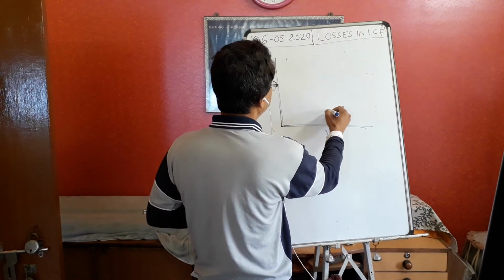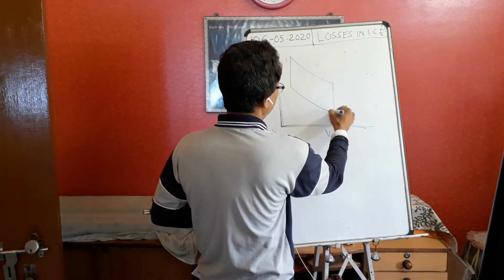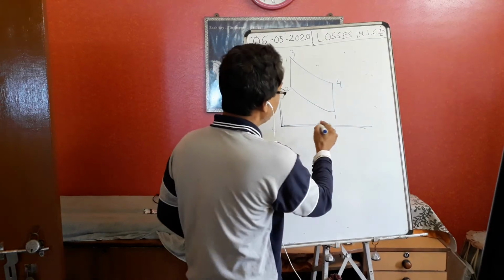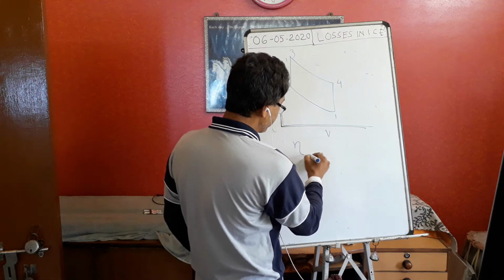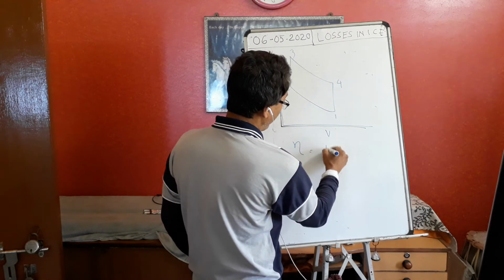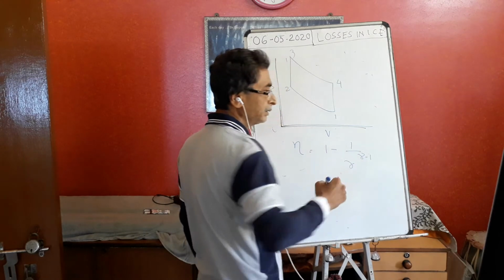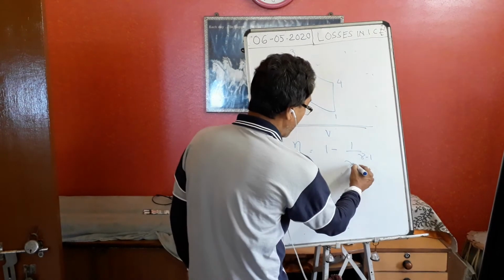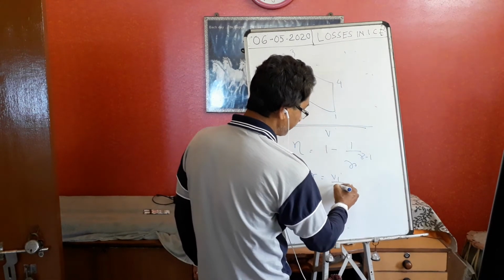This is the compression, the process 1 to 2, and 3 to 4. From here we have calculated the efficiency. This efficiency is equal to 1 minus 1 by R to the power gamma minus 1. What is R? R is the compression ratio. R is equal to V1.